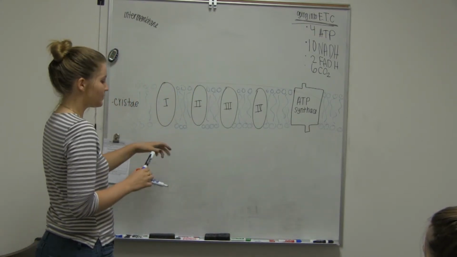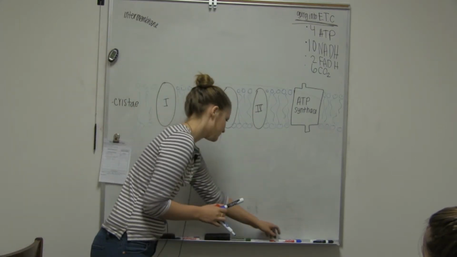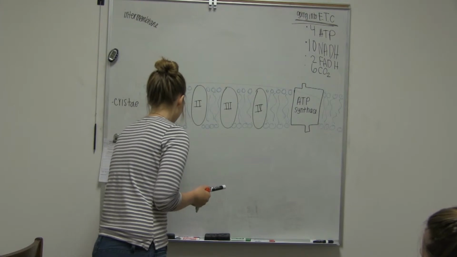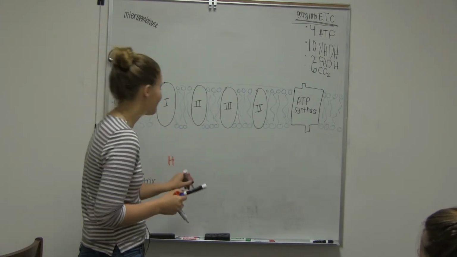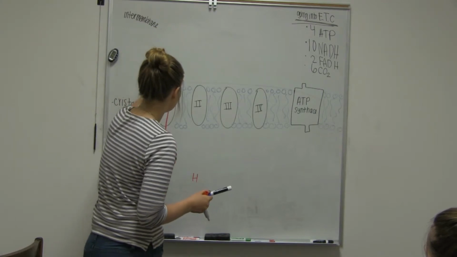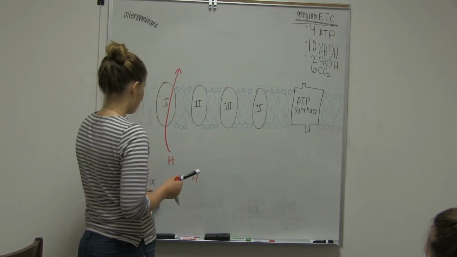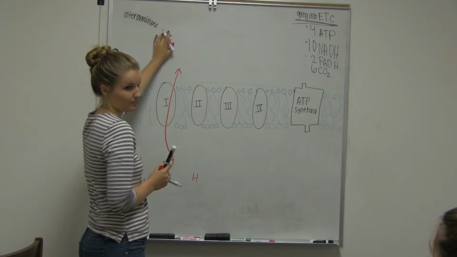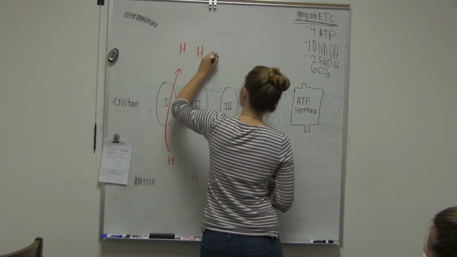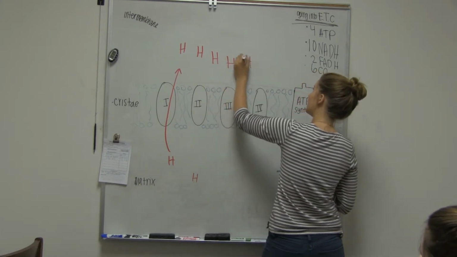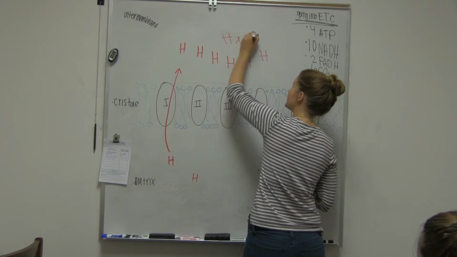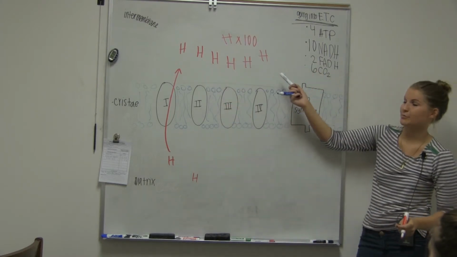These are pumps. We have hydrogens down here, and we want to shuttle these out from the matrix into the intermembrane. So we want a very high concentration of hydrogens in our intermembrane space.